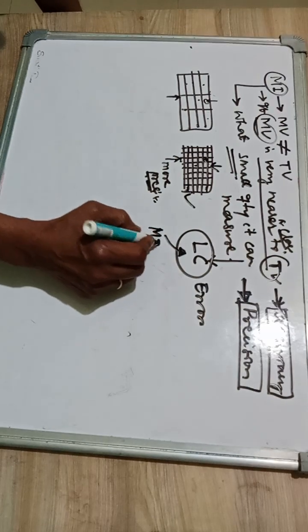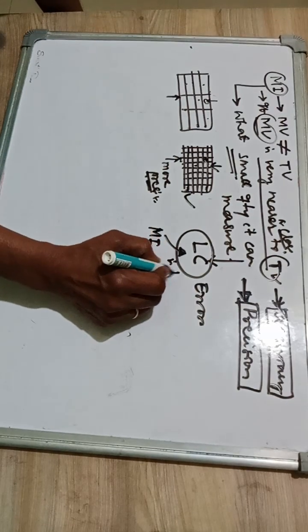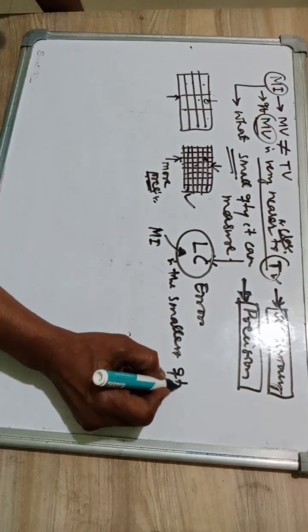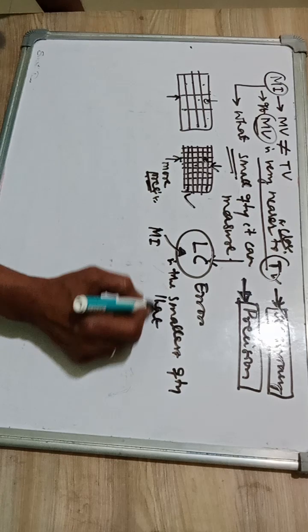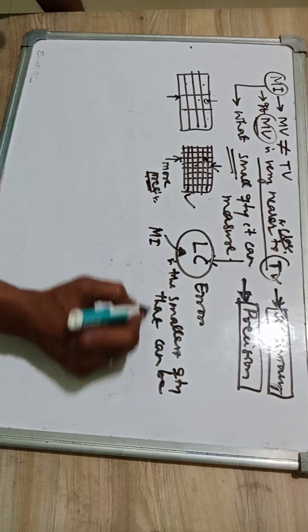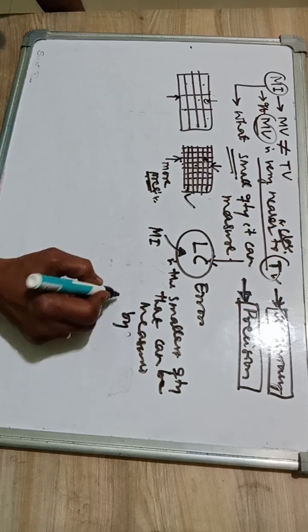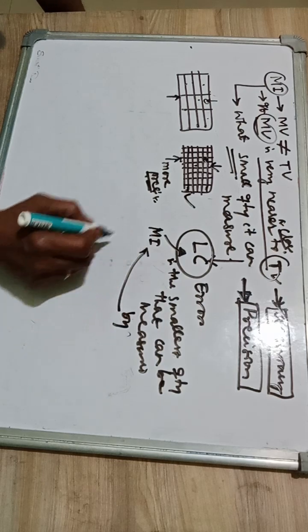Least count is the smallest quantity that can be measured by the measuring instrument.